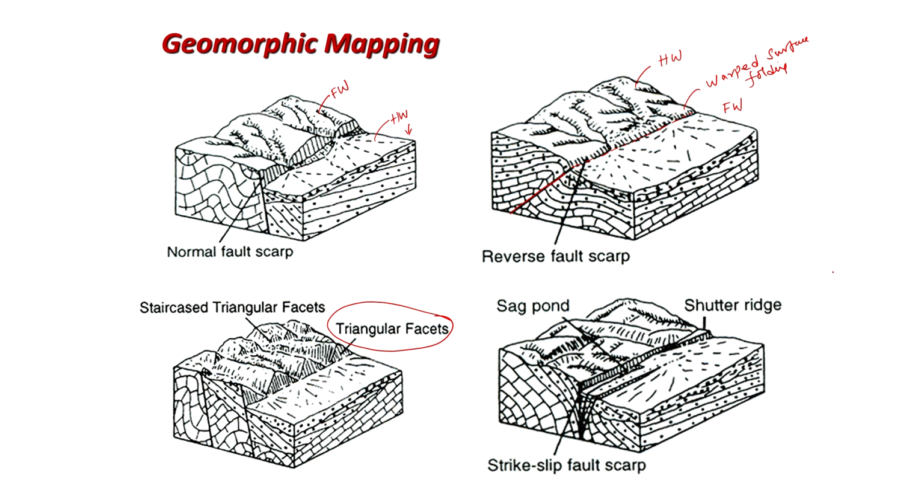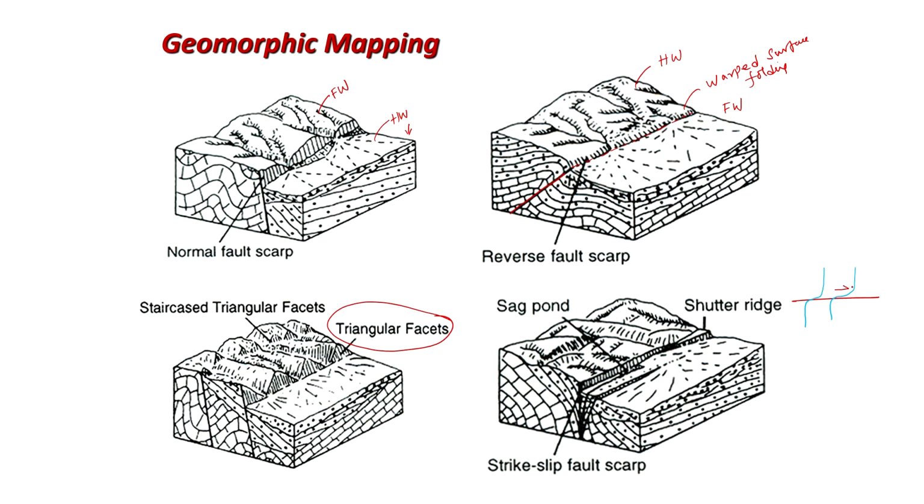So, if there are channels which are flowing crossing this fault, for example, and if they are moving like this, then this is what we call the offsets of channels. And here the movement of the fault will be something like this.